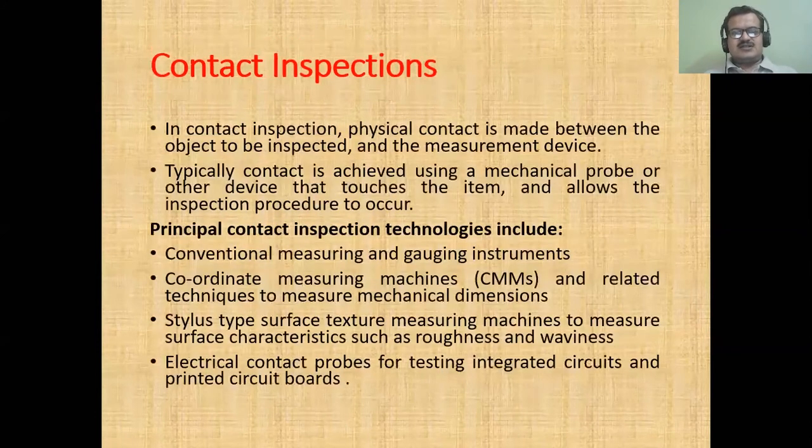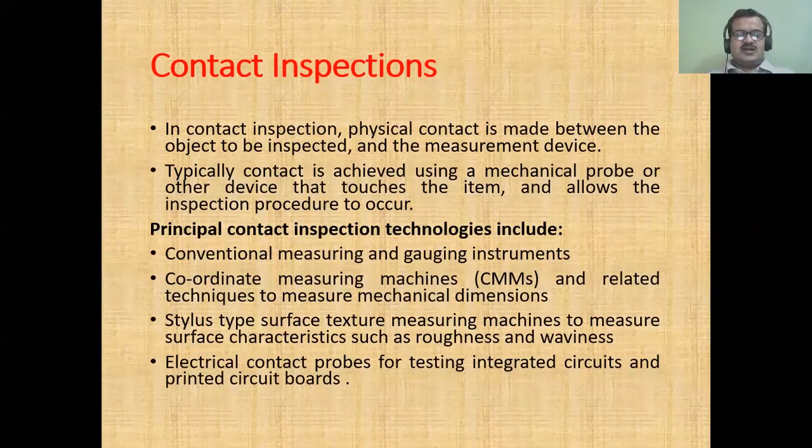So let us discuss each one in detail. Contact inspection technique. In contact inspection, physical contact is being made between the object to be inspected and the measurement device. Typically, contact is achieved using a mechanical probe or other device that touches the part or the object of which we want to measure some parameter and allows the inspection procedure to occur.